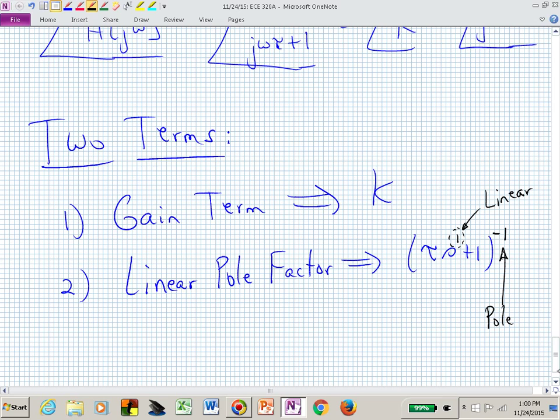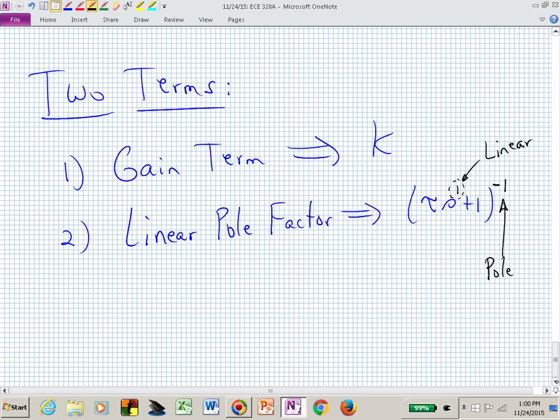And what we want to do is look at those individually so that if we now have a transfer function that has 3 numerator pieces and 5 denominator pieces, you know the strategy for each of those pieces. You just have to do this 8 times and put all of those 8 pieces onto your magnitude plot and phase plot. But they will all be the same process in terms of sketching.